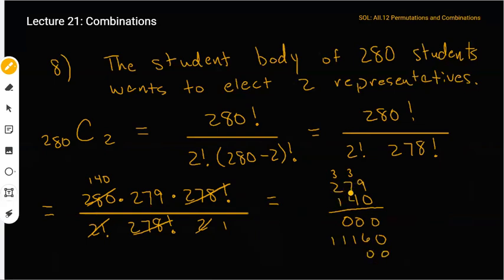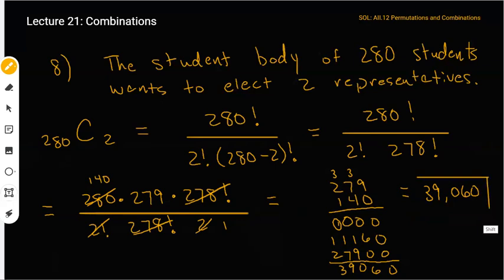And then 1 times 279 is just going to be 279. So now adding up all the digits, I get 39,060. That's going to be my answer.